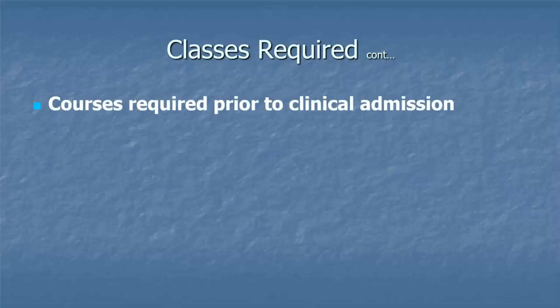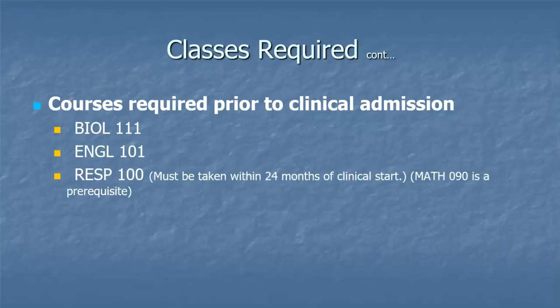Now, the courses that you have to have completed before you can be admitted to the clinical portion of the program are Bio 111, English 101, and of course, Respiratory 100. Respiratory 100 is good for 2 years. Now, if you have other courses done, that's great.